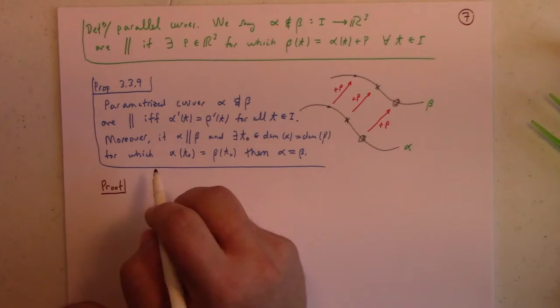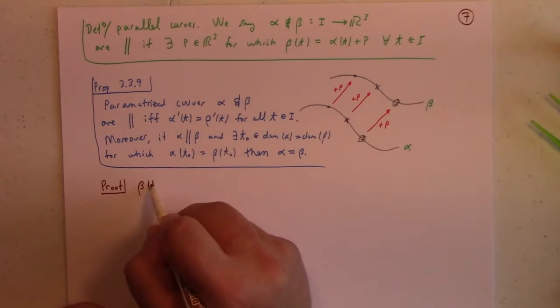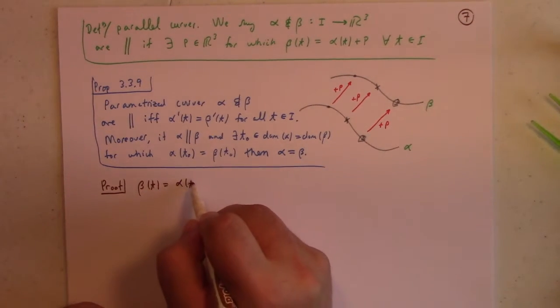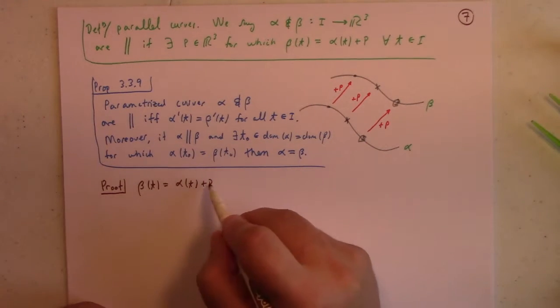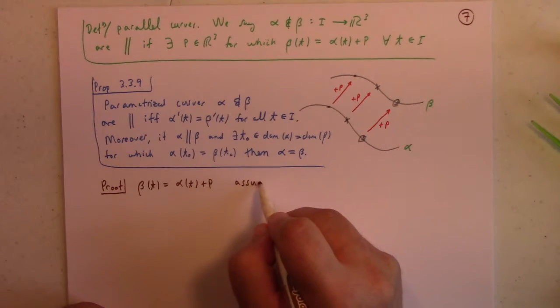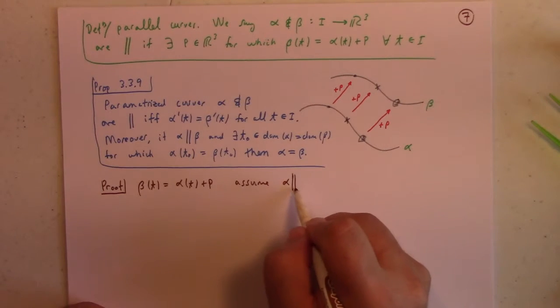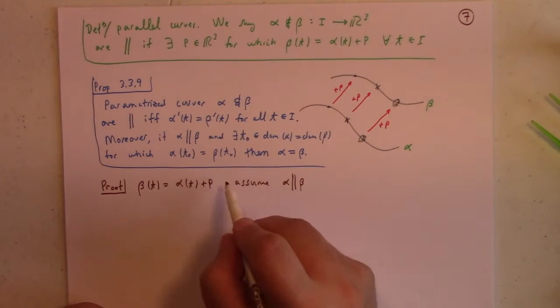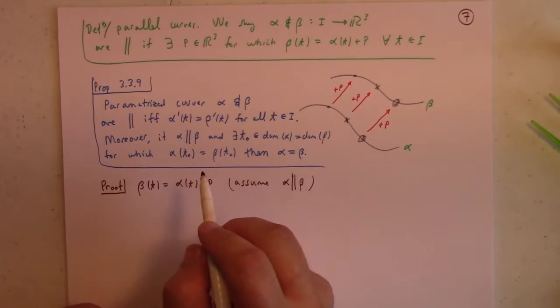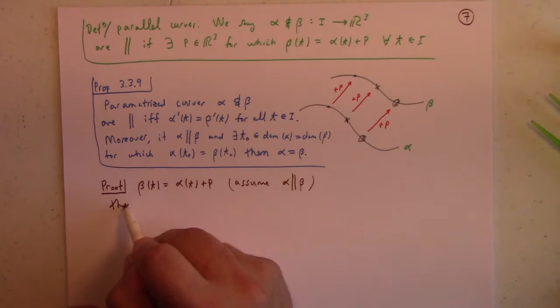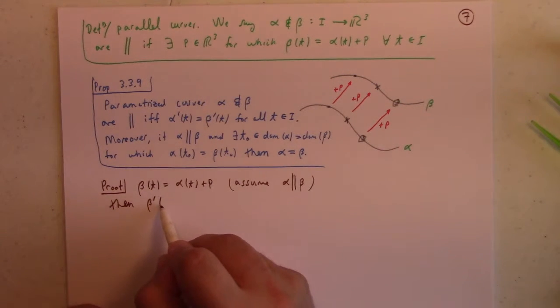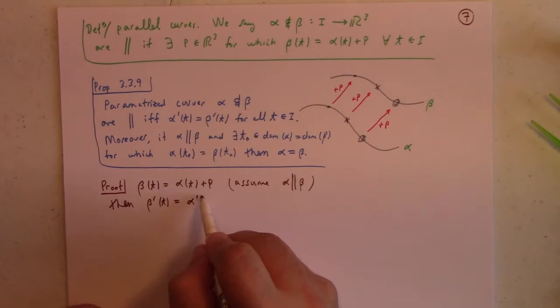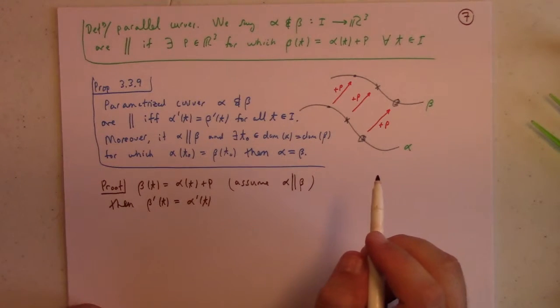But anyway, here it is, proof. So if we have beta of t is equal to alpha of t plus p, so I'm going to assume alpha is parallel to beta to start with, all right? Then differentiate. Beta prime of t is equal to alpha prime of t, right?